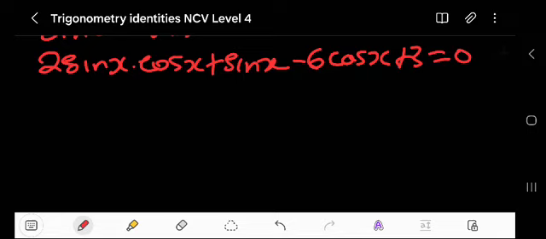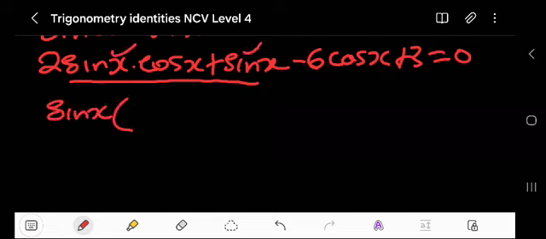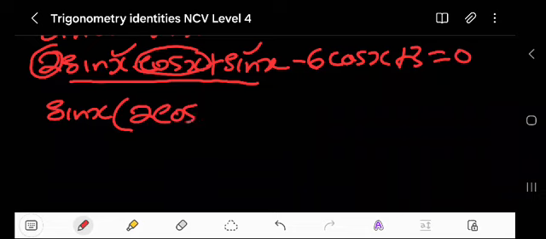What is common here between these two? We'll take out sine x as a common factor. We'll be left with 2 cos x, and when you take out sine x from the other, we're left with 1. We'll have plus 1.